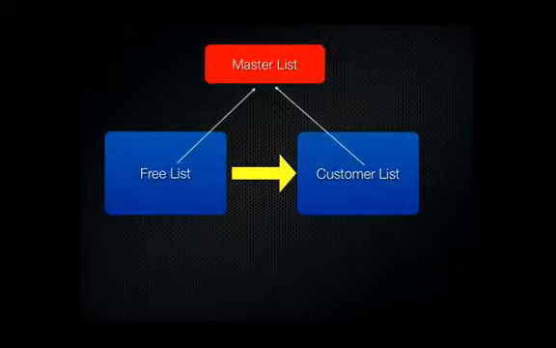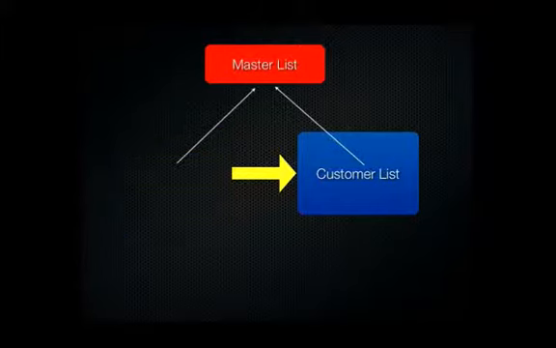So you want them to be added to that customer list, and AWeber can do that. As soon as they opt into that customer list, boom, they can be completely unsubscribed from the freebie list, and they're no longer on that list anymore. Again, they're still on the master list no matter what, but they're on the customer list now.